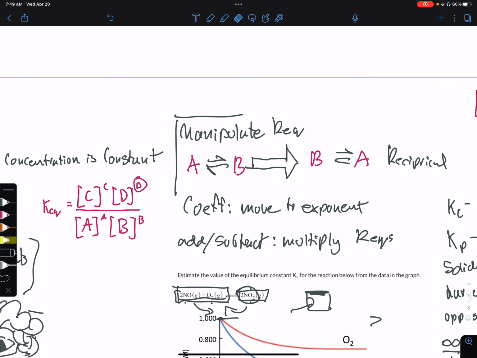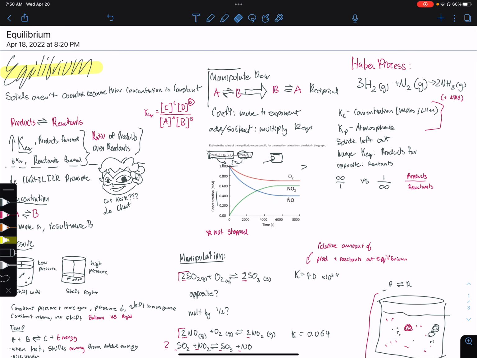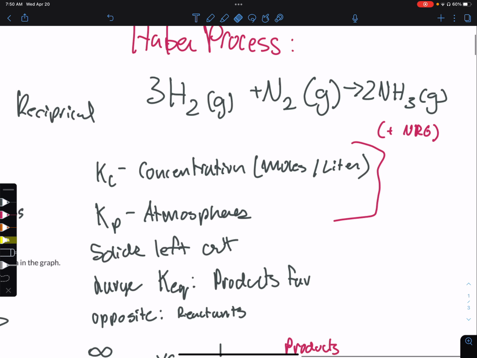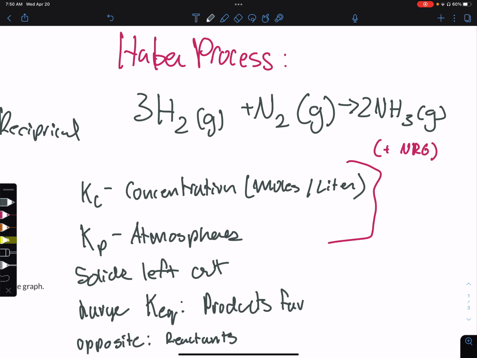That's equilibrium. So let's just write it. For the Haber process, we take products over reactants. This is the product, and we notice that it has a coefficient of 2.